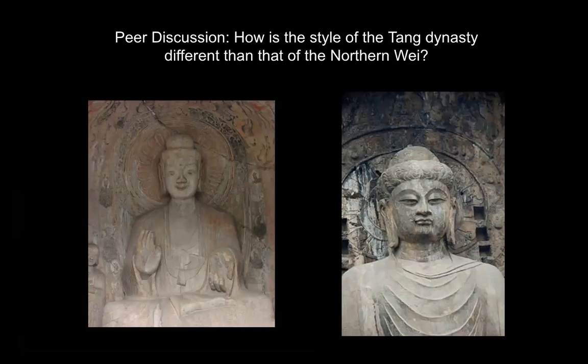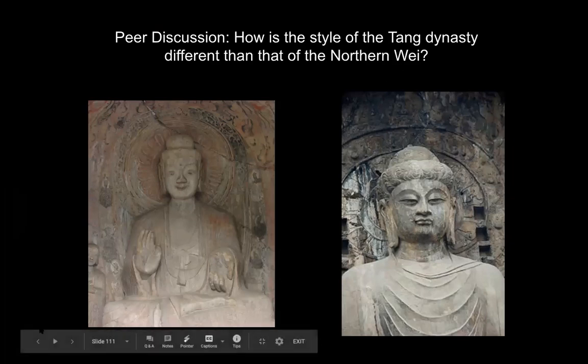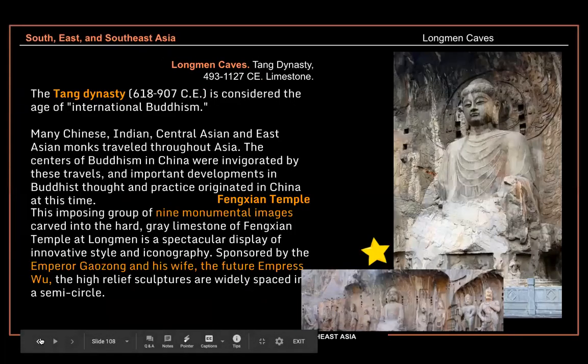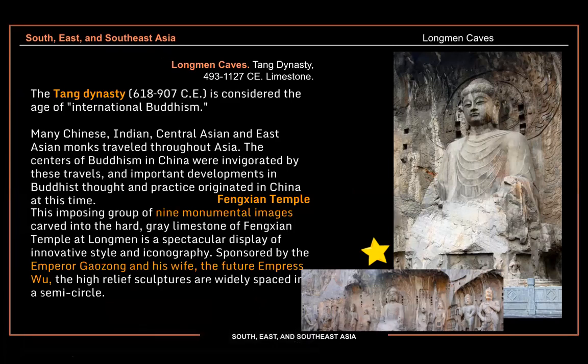Isn't he kind of, I would say calm in a way, but also with those eyes, the way that it also kind of feels determined, right? So these were sponsored by the Emperor Gaozong and his wife, and I believe that this Buddha is supposed to resemble actually her.